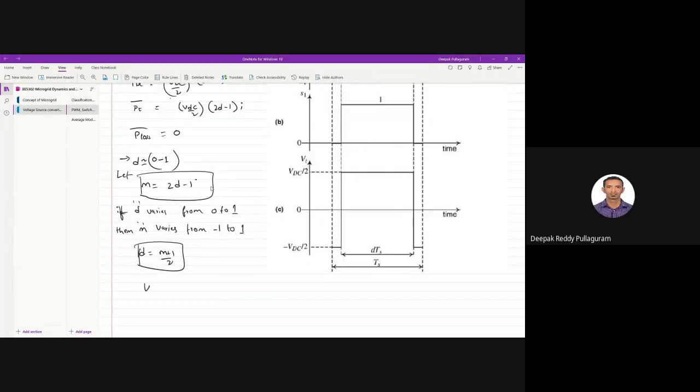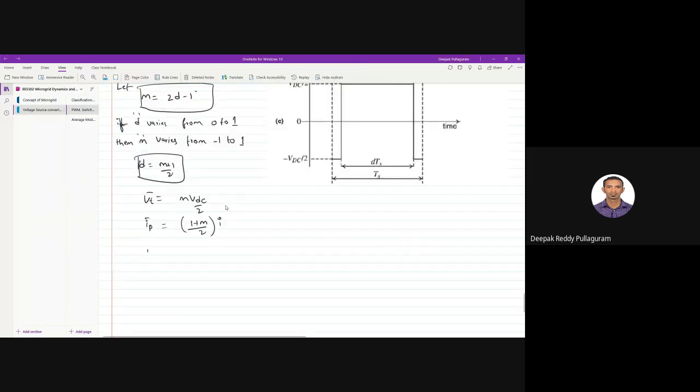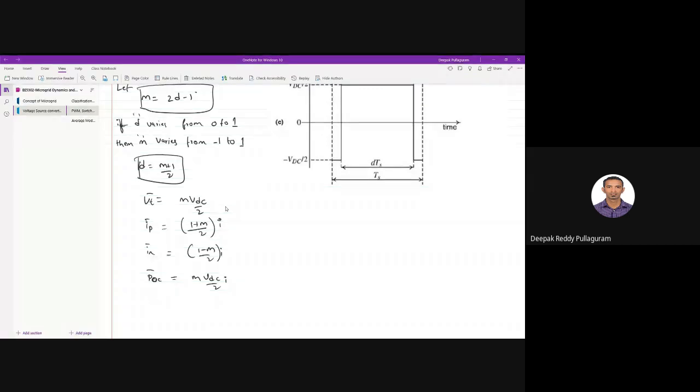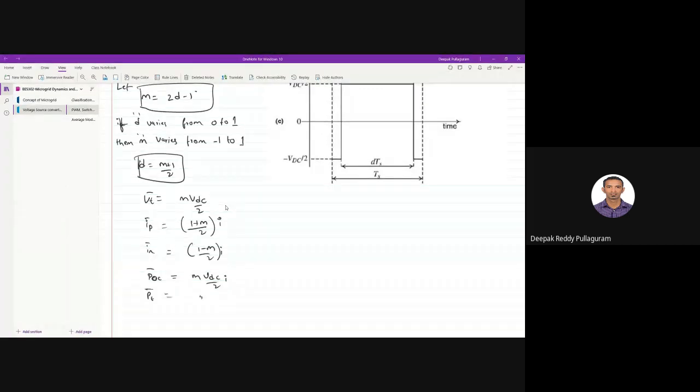What you get is VT happens to be m VDC by 2. IP happens to be (1 plus m) by 2 into I. IN happens to be (1 minus m) by 2 into I. And PDC happens to be m into VDC by 2 into I. And PT also will be the same.